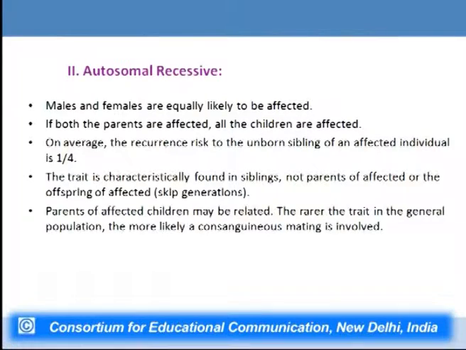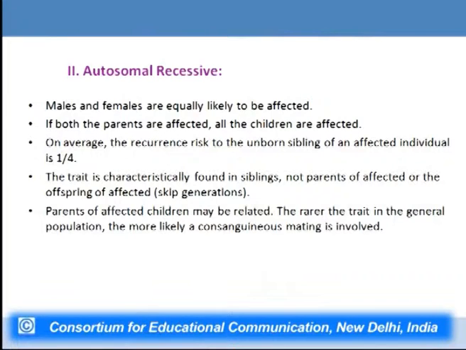So, what are the characteristics of autosomal recessive inheritance? Males and females are equally likely to be affected in this mode of inheritance. If both the parents are affected, then all the children are affected, because if both parents are affected, it means both are recessive homozygous individuals.